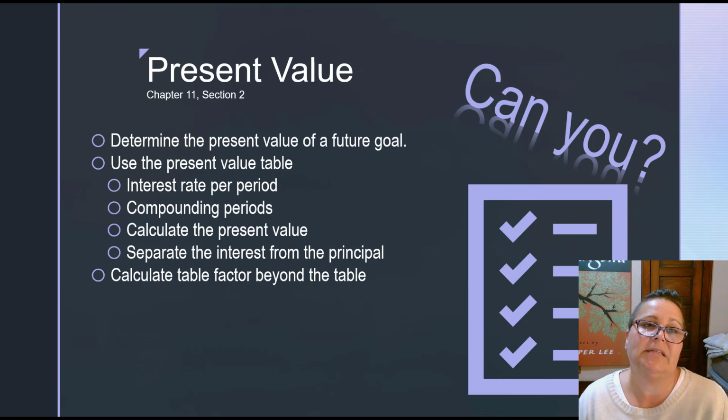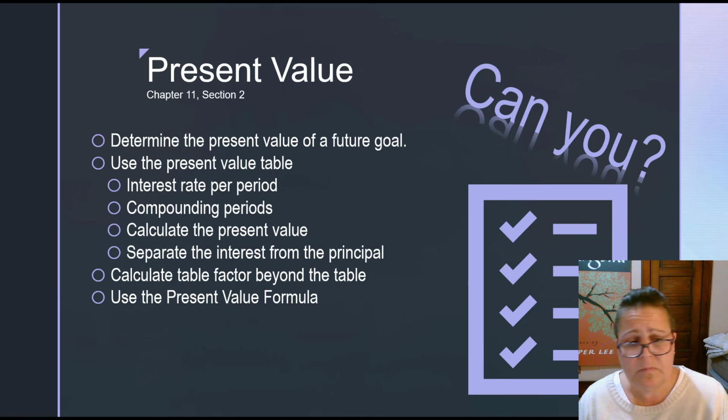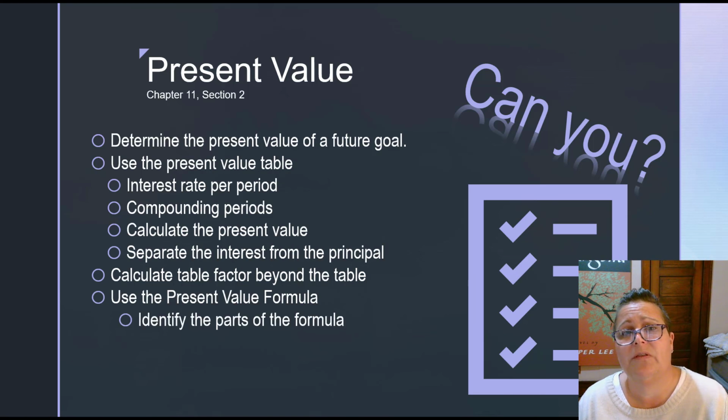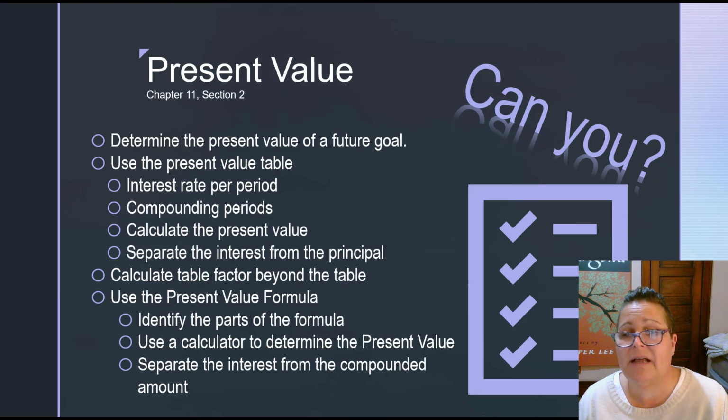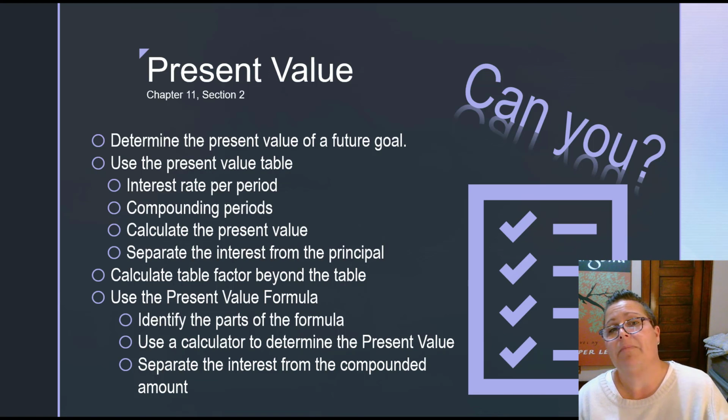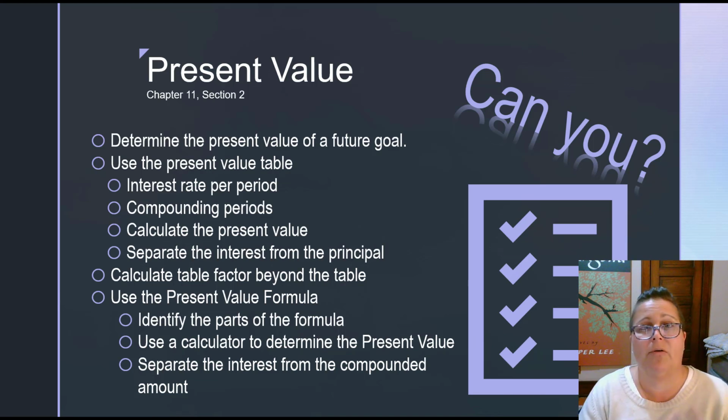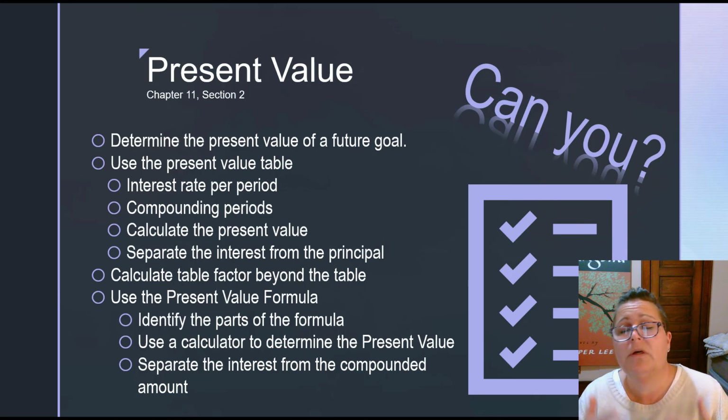Can you calculate a table factor beyond what's given to you in the table? And are you comfortable using the present value formula? That means, are you able to identify the parts, and can you use a calculator itself to determine what that present value would be? And not only that, but can you once again separate the compounded amount, future value, the goal amount, all 3 of those are the same thing, from the interest and the principal?